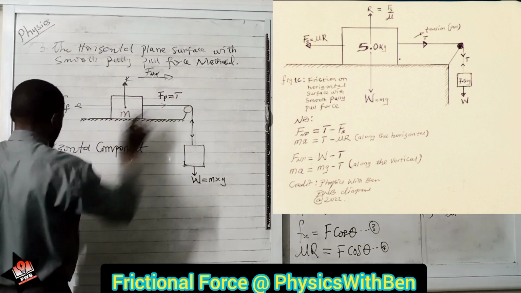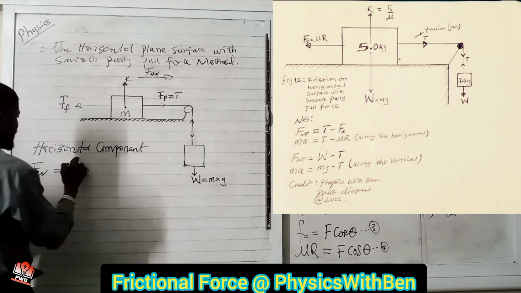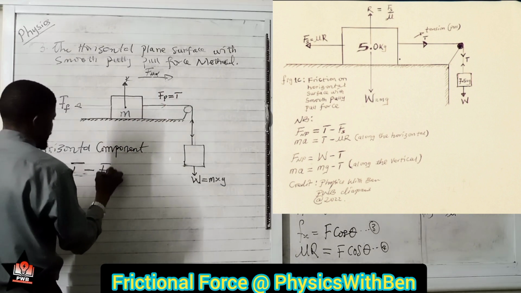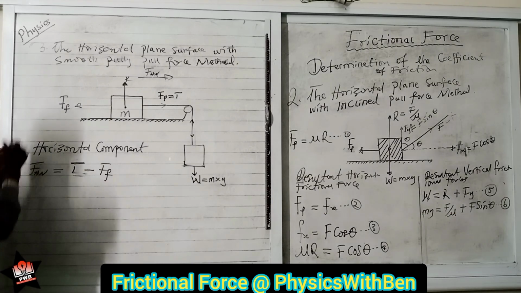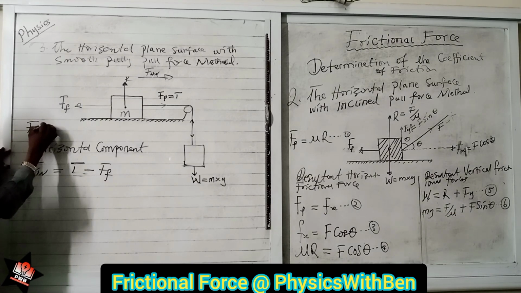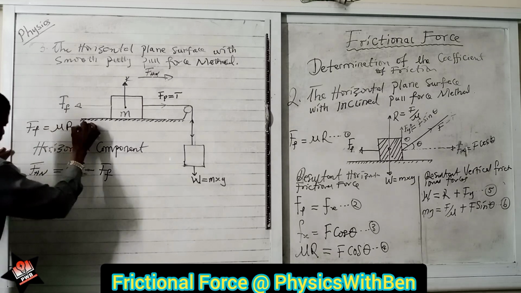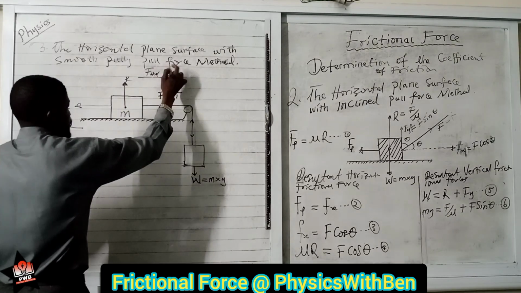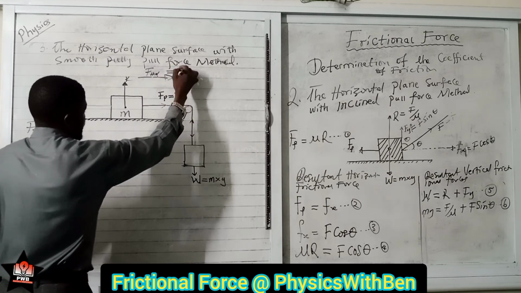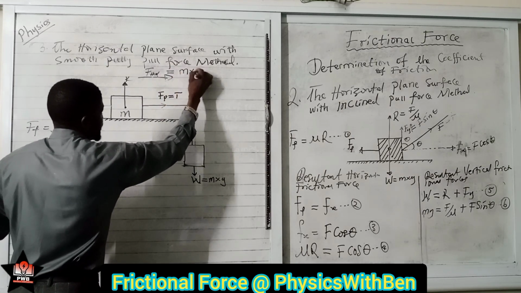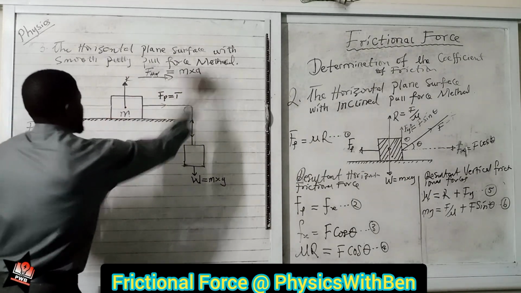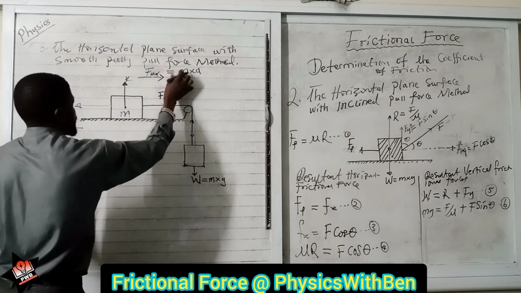our pull force, or in this case, our tension, minus the frictional force. Knowing that our frictional force is always equal to mu R, and this force gives an acceleration, and that is mass times acceleration. The mass of this object times the acceleration of the force we give.